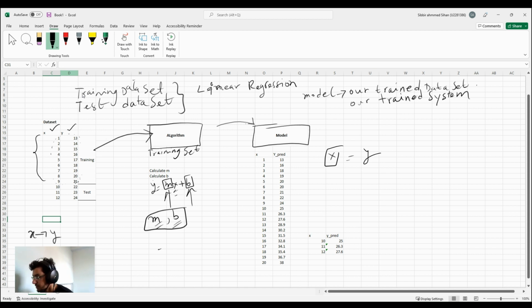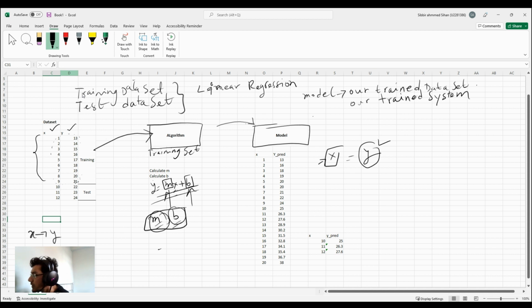What this model literally does is, every time you give it an x value, it will give you a y value. The model is basically something that stores the value of m and the value of b, and every time you give it a new value, it dynamically processes the data and gives you the value of y based on this formula.